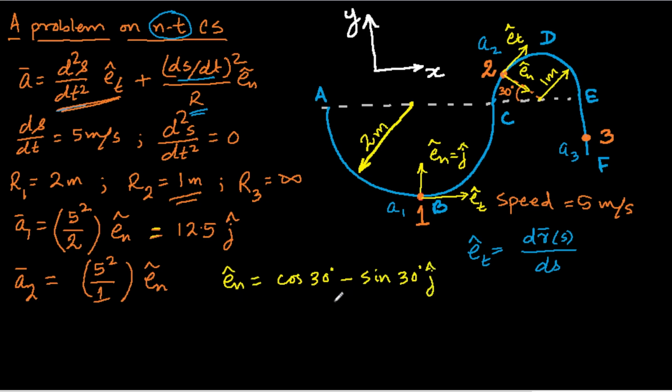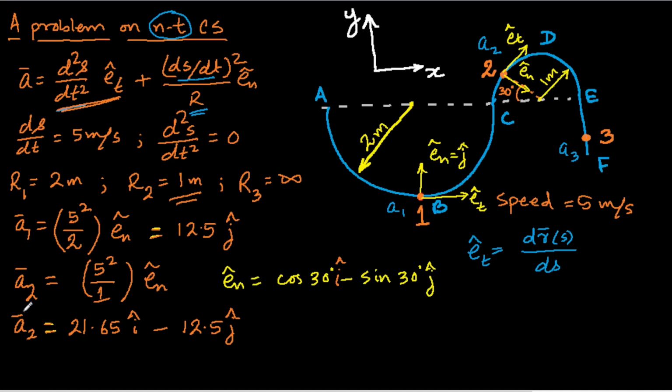So just substitute these values here to get A2 to be equal to 21.65 in the i direction. Sorry, here I had missed out i. Minus 12.5 j. Okay, so this is A2.